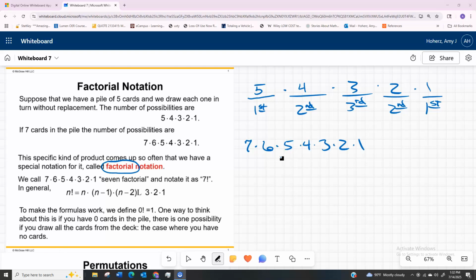And so, why is it an exclamation point? Go back a little history here. The reason that it's probably an exclamation point is because when this was first developed, someone would have been writing a math book. They would have said, I want to define this new mathematical symbol. But at the time, they had printing presses, and they had little blocks that they had to set in the typeset.